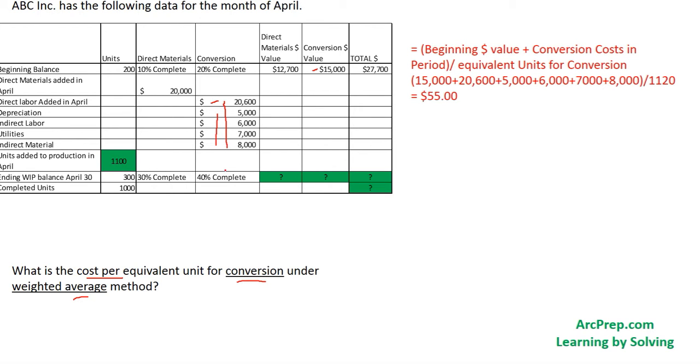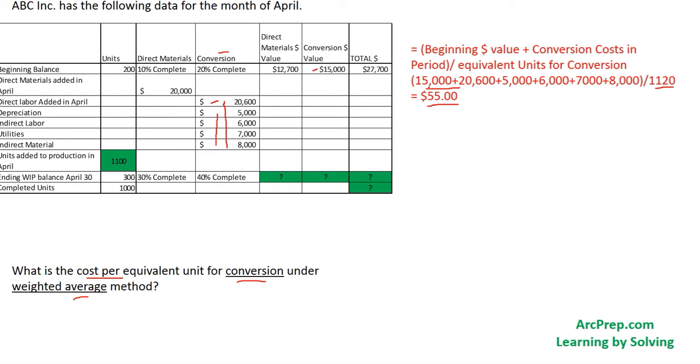Direct labor plus overhead is manufacturing overhead, which is conversion. So I can add all those up, divide by the equivalent units that I found earlier for conversion specifically, and I'll find $55 for conversion. So that is the unit cost for conversion per equivalent unit under the weighted average method.